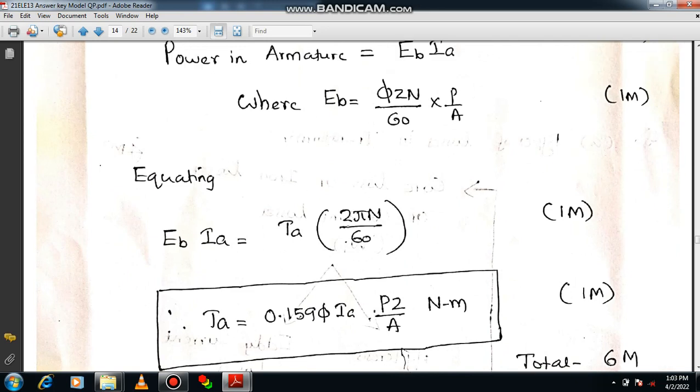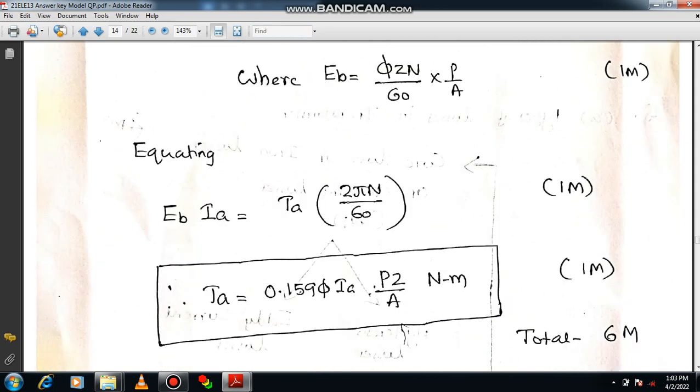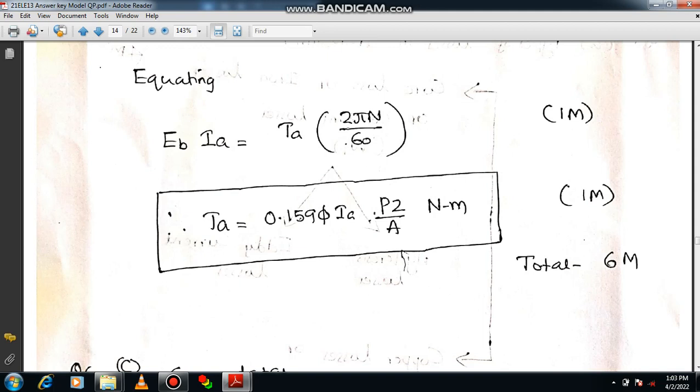Power in armature will be EB into IA, which will be equated to PM, the power developed. Then from this you can calculate TA by simplifying the equation. You will get 0.1595 IA into PZ by A Newton meter. So definitely you can score full marks for this question. Very simple. In some cases there are numerical examples. Please take care of this equation.